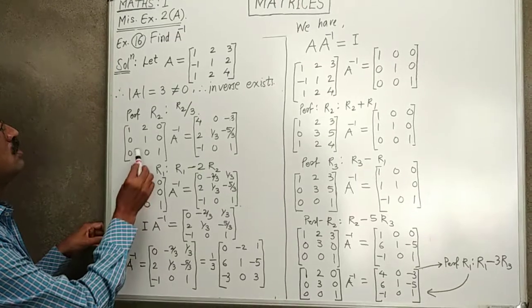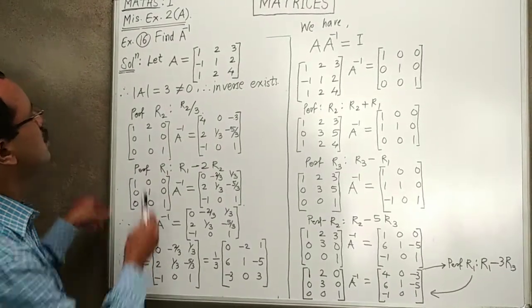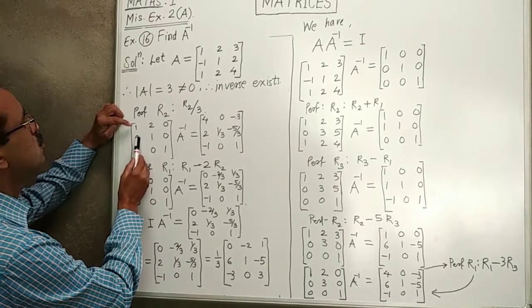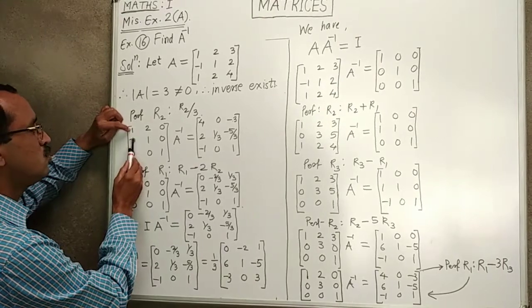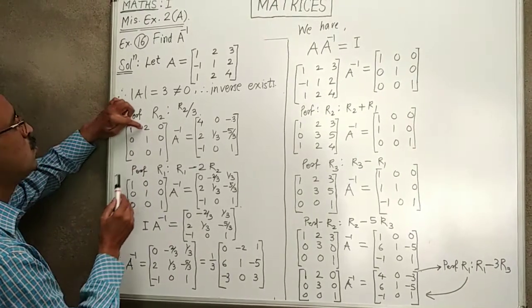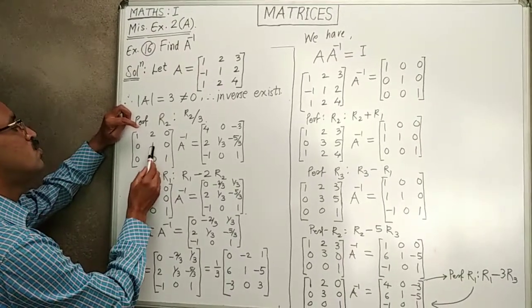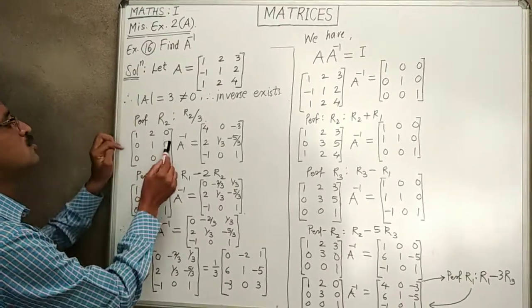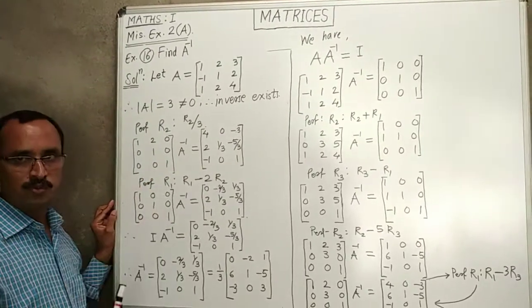Therefore R1 becomes: 1, this 0 is multiplied by 2, so 1 minus 2 into 0, 0, we get 1. 2, this 1 multiplied by 2, that means 1 into 2, 2, 2 minus 2, 0. And here 0 is multiplied by 2, then 0 minus 0, it is 0.